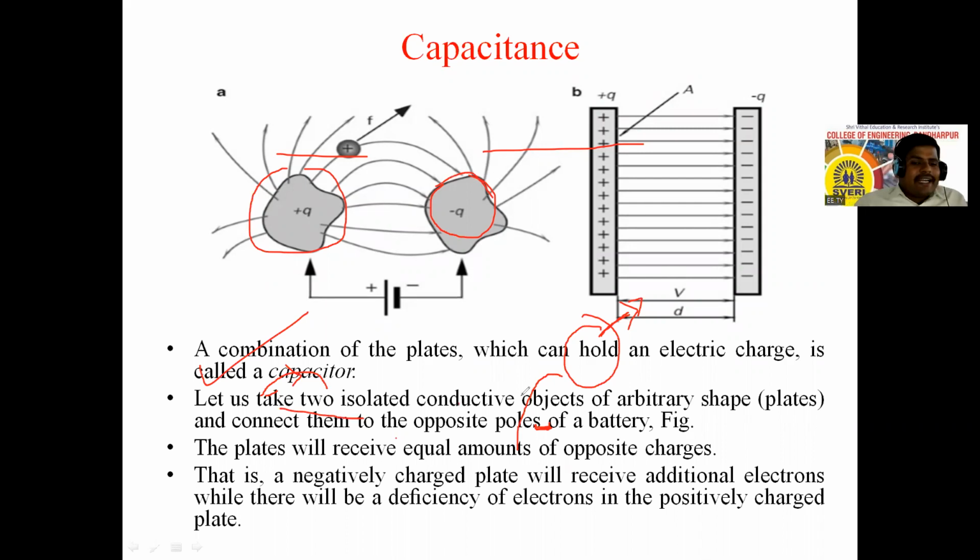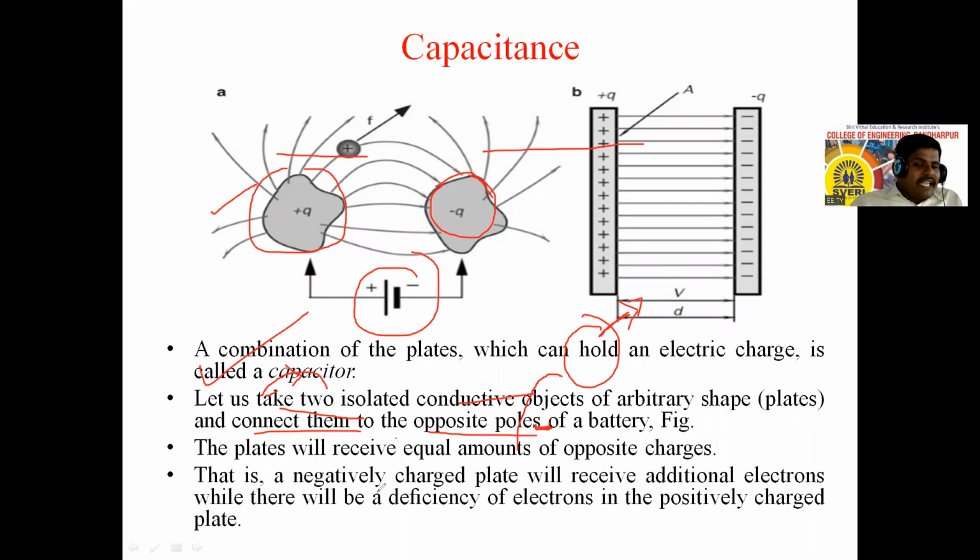Two isolated conductive objects, that means these objects are isolated from each other, of arbitrary shape, and we connect them to opposite poles of the battery. Here is the battery, connected to the opposite poles, as shown in this figure.